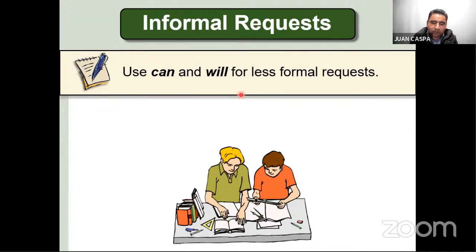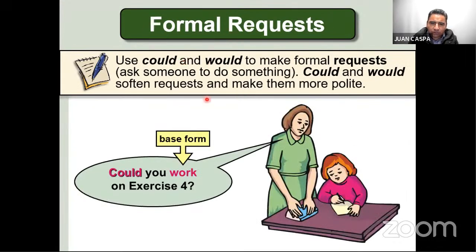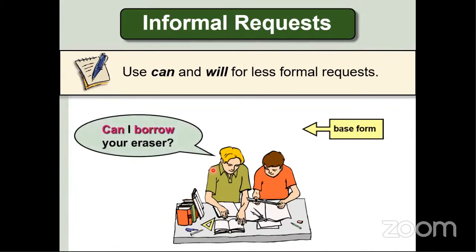Es como decir a un amigo. Could you and would you, generally we use with the teacher or a person you don't know, una persona que no conoces mucho, ¿no? But if you want to ask your classmate, probably you will say, will you, right? Me prestas tu lápiz directamente, y ni siquiera esperas que te diga sí o no, te lo levantas, ¿no?